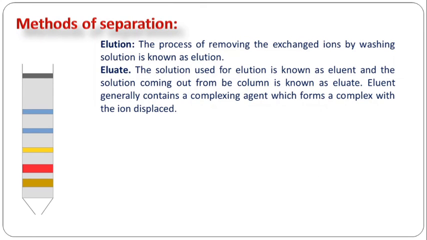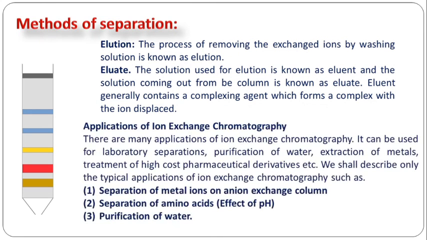The eluent generally contains a complexing agent which forms a complex with the ions displaced. Now what are the applications of ion exchange chromatography? There are many applications. It can be used for laboratory separations, purification of water, extraction of metals, and treatment of high cost pharmaceutical derivatives.